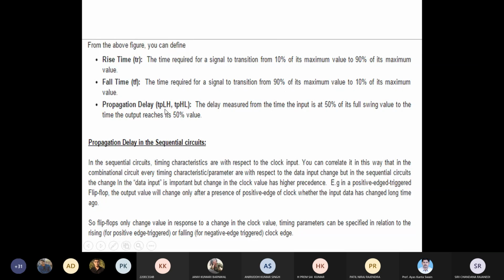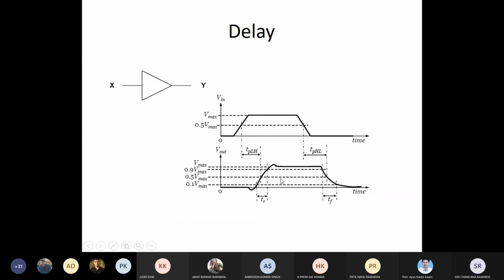Propagation delay, which is the average of TPLH and TPHL, is the delay measured between input and output. When the input is at 50% and output is at 50%, at that time you find out the difference, and that will be your propagation delay.